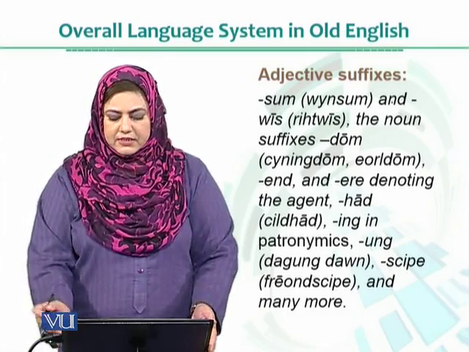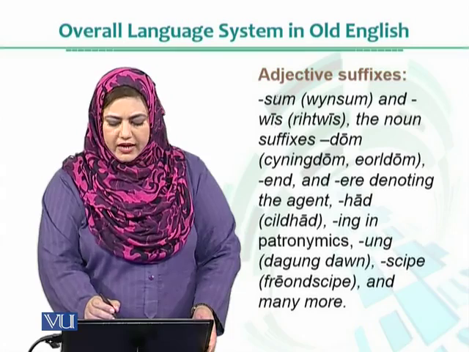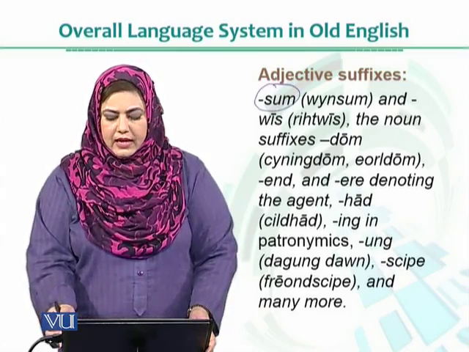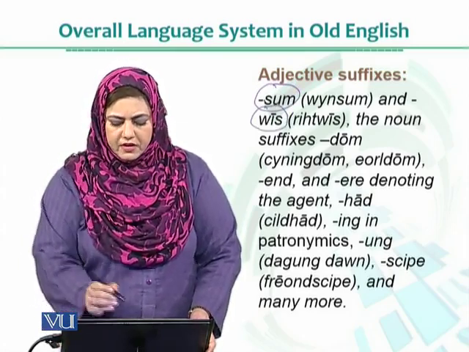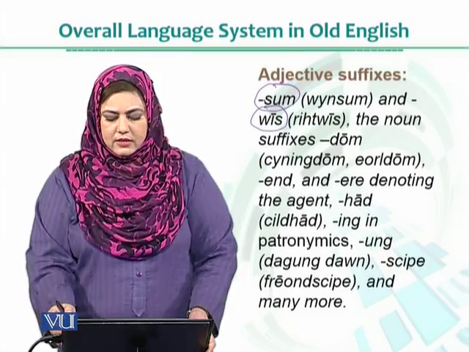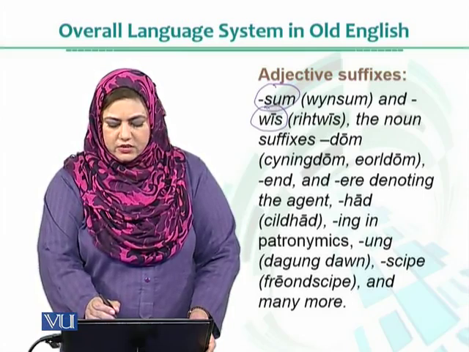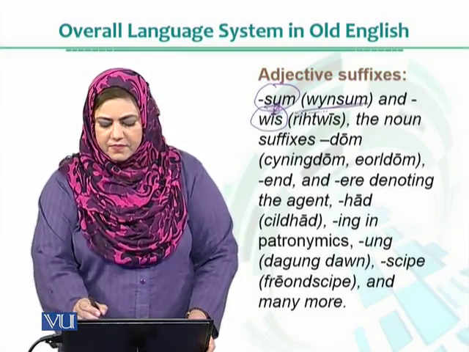Here are some examples if you look at the screen. So, for example, if you look at this particular suffix, some, and if you look at this particular word, whiz, the noun that is added, this whiz to this some, and when they are combined, we get this word.